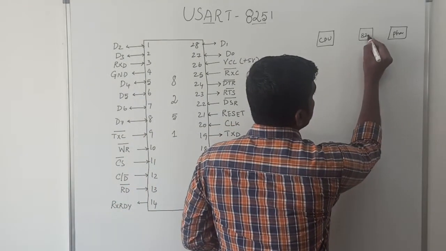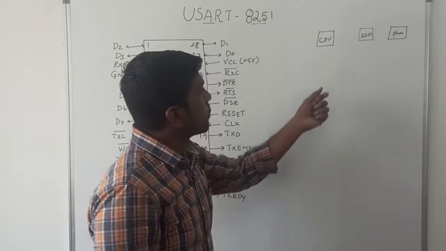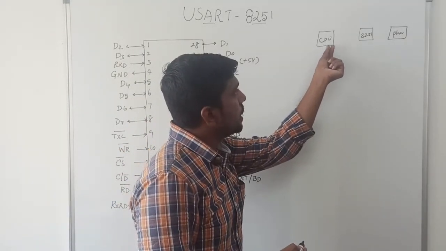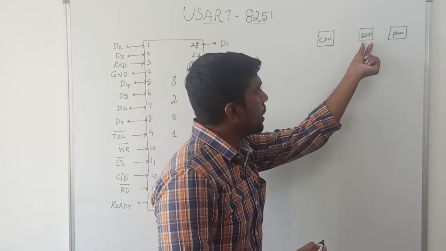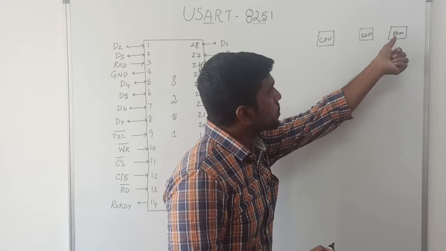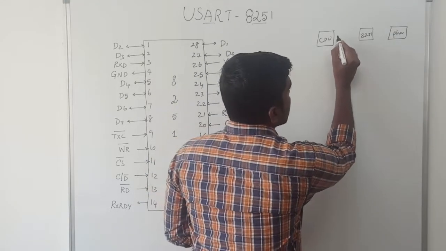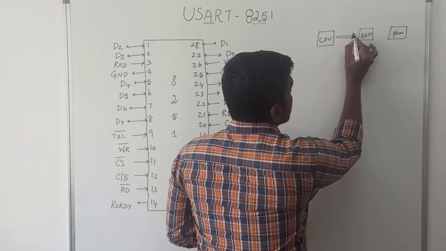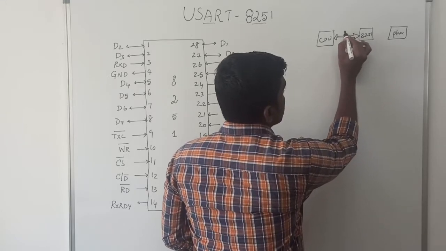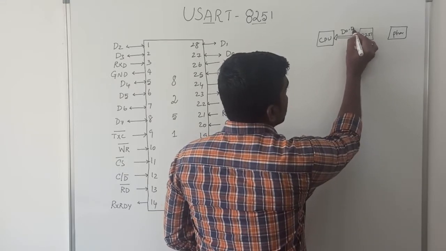So first the CPU transfers 8-bit data, and that data is passed to 8251. After some processing, that data is released to the peripheral devices. 8251 gets 8-bit data from the CPU on D0 to D7.